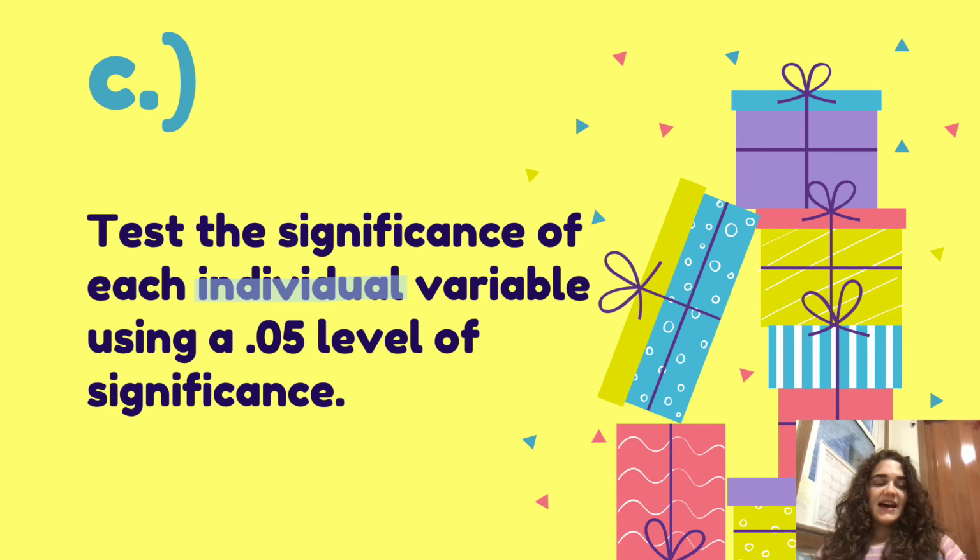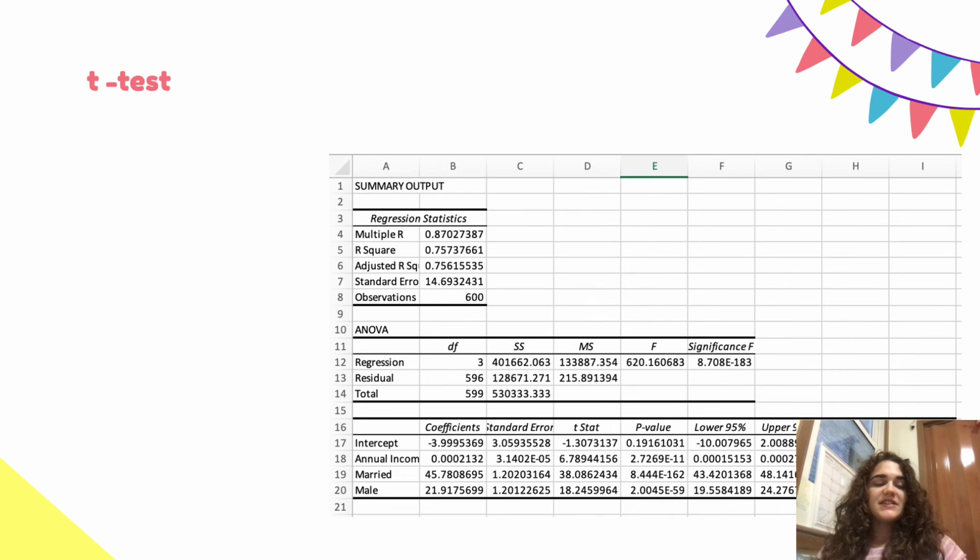Part C asks us to test the significance of each individual variable using a 0.05 level of significance. Now, this is where we get to bring in our t-test. So our null hypothesis and alternative hypothesis in this case are b1 equals 0 and b1 does not equal 0.